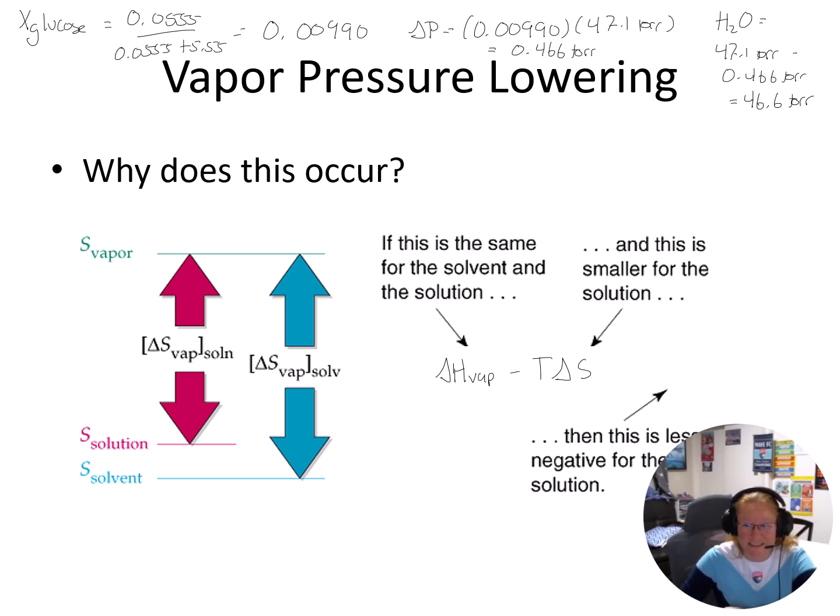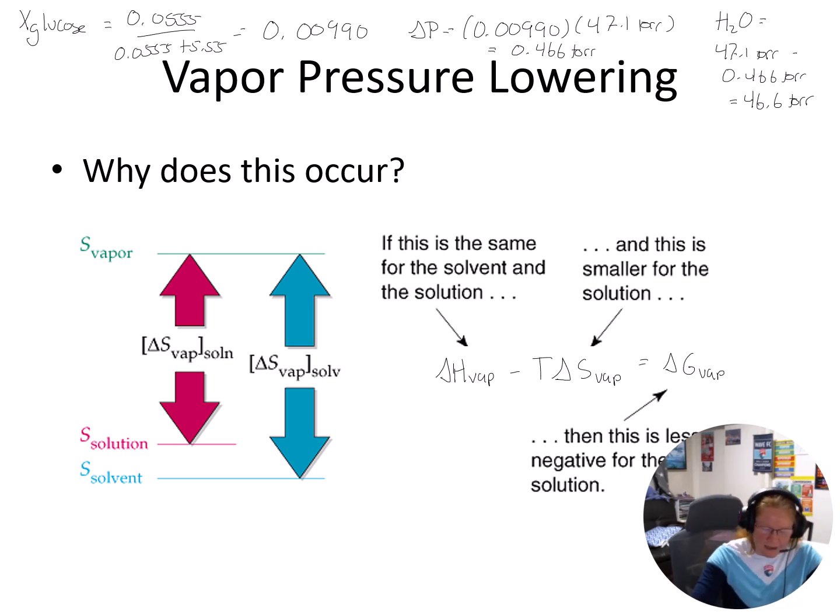That T delta S term goes down. Why? Well, because it's delta S of vaporization. If I have fewer molecules in the vapor phase, I have less disorder. And so that means delta G is less negative, and so that vapor pressure goes down.